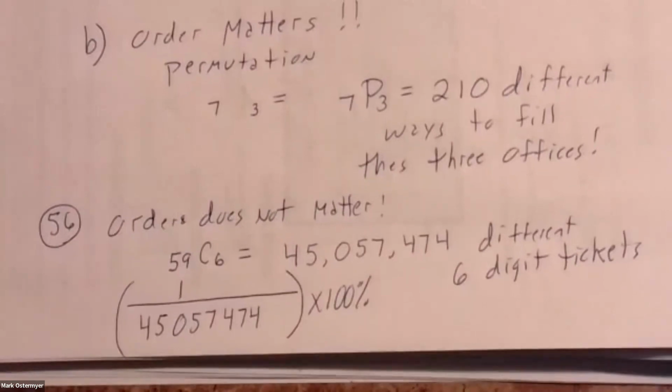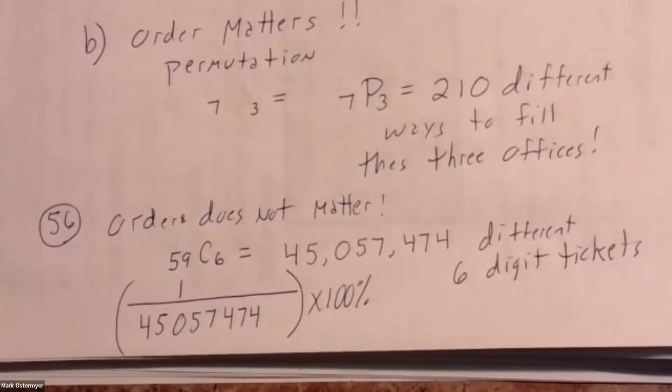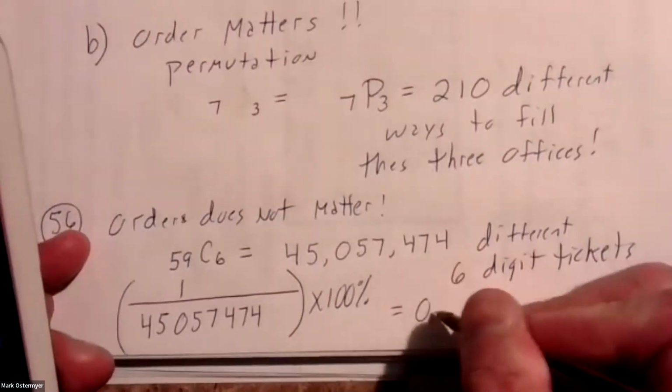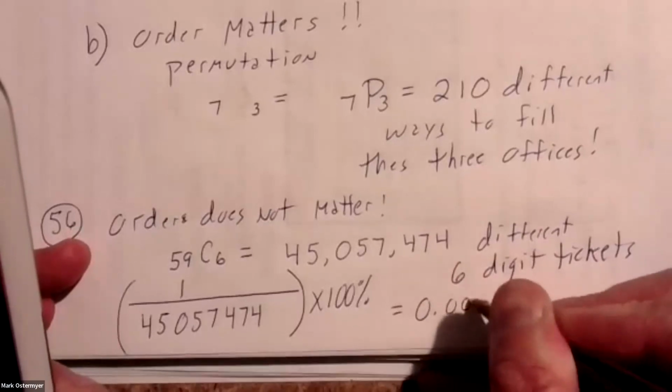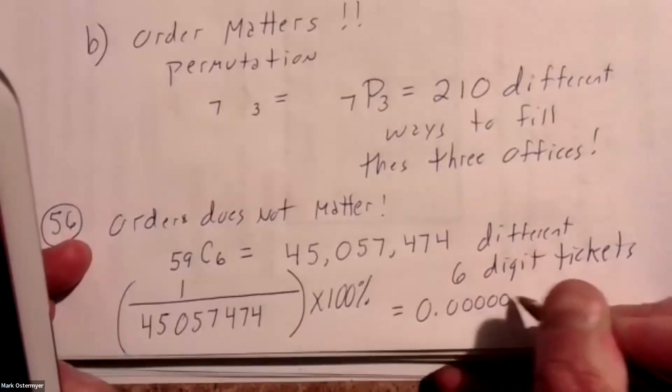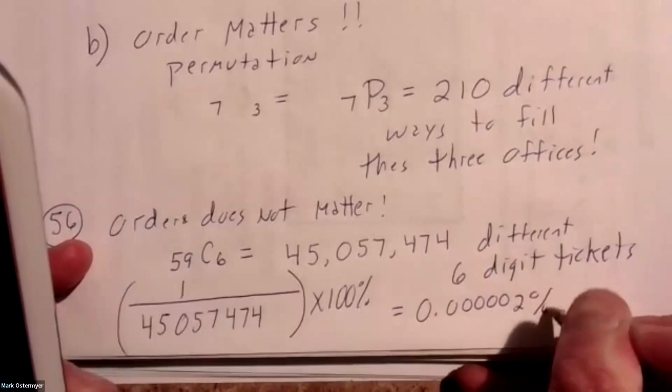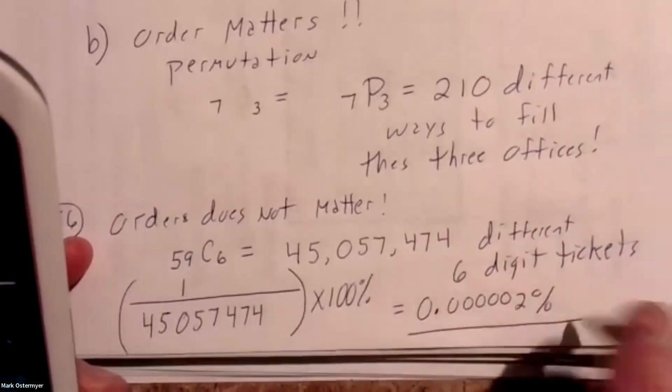So what is 1 divided by 45,057,474? It's small, times 100%. Oh my gosh. Look at this. I'm getting 0.12345 chance of winning this lotto game.